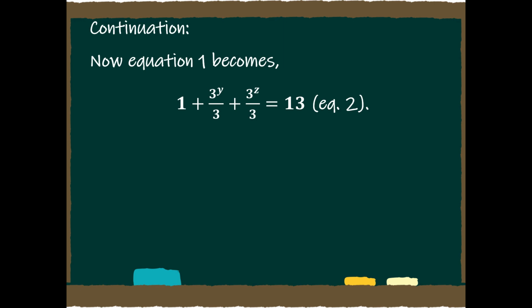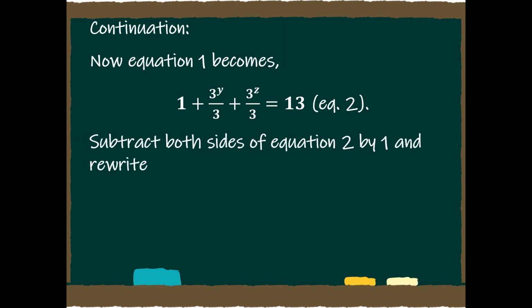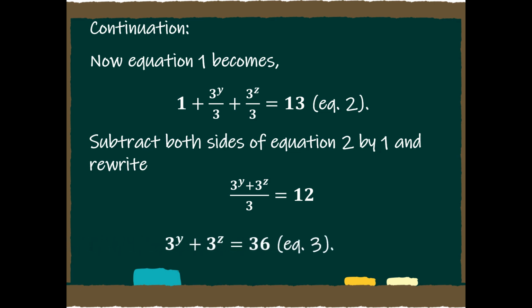The same in the term 3 raised to z over 3. And at the right, you have 13. So this is our equation 2. Now, subtract both sides of equation 2 by 1 and rewrite it. You get 3 raised to y plus 3 raised to z all over 3 equals 12.